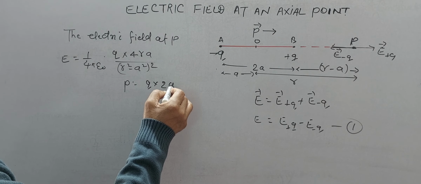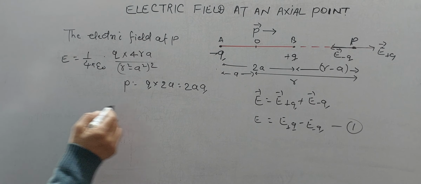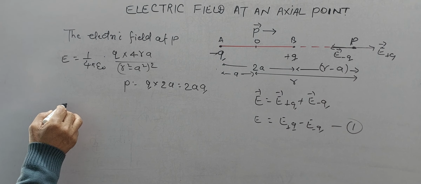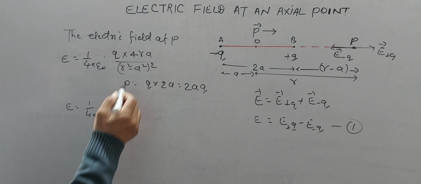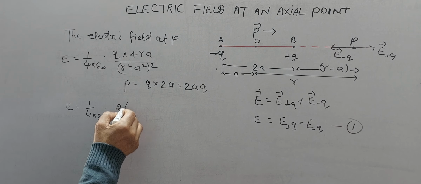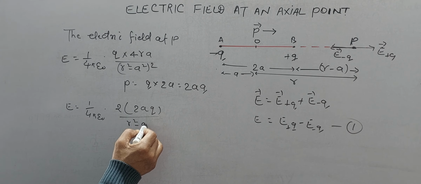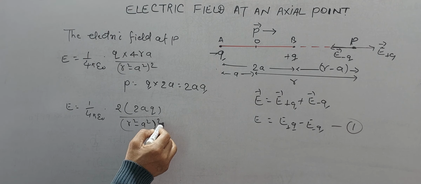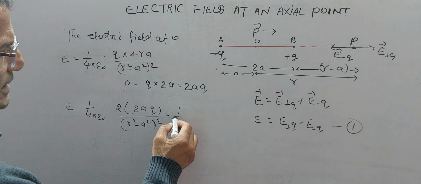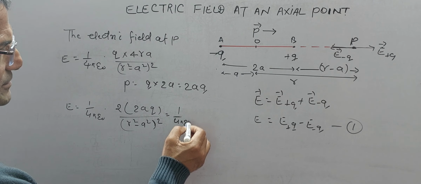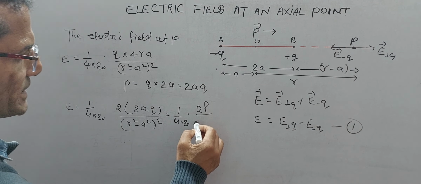It is twice a, so we have to replace twice a q with P. Now the electric field at the point P due to these charges will be 1 upon 4 pi epsilon naught, 2 times twice a q divided by r square minus a square whole power. Now finally, if I replace twice a q with P, it becomes 1 upon 4 pi epsilon naught twice P, the dipole moment of this electric dipole, divided by r square minus a square whole square.